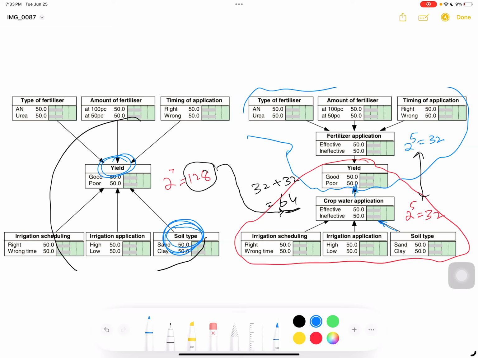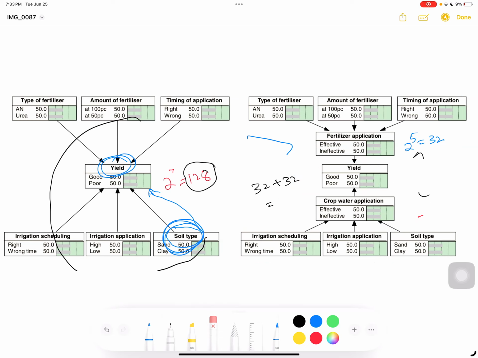We will have to connect it directly with the yield. Let me erase this, and I can explain it with a little more clarity. If for example soil type is very critical to the yield, we cannot take this link through the intermediate node; it will go directly into the yield.